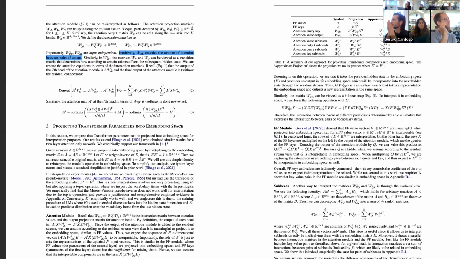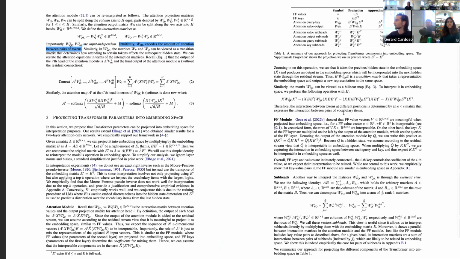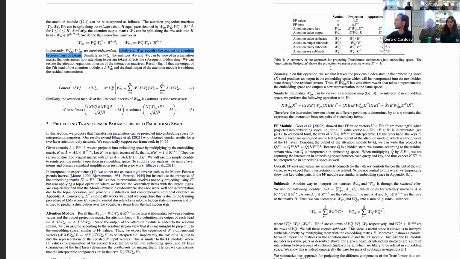So then they go into a little bit of how they project the parameters into the embedding space. Maybe this is not the most interesting part of the paper, but it's interesting background.